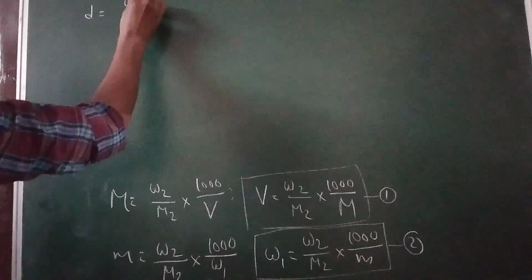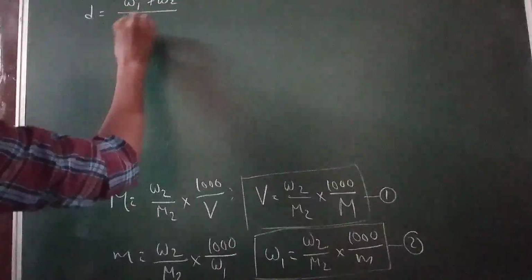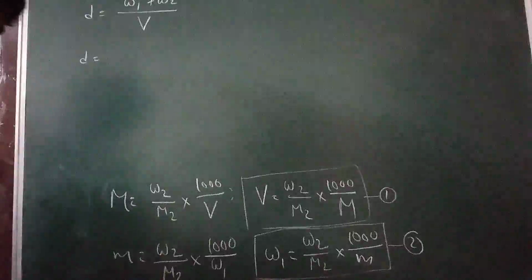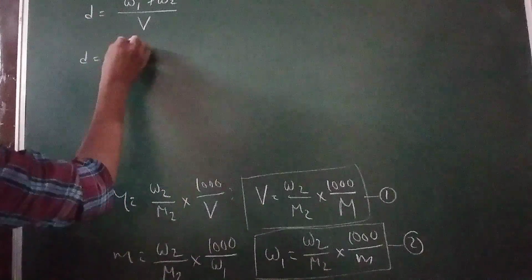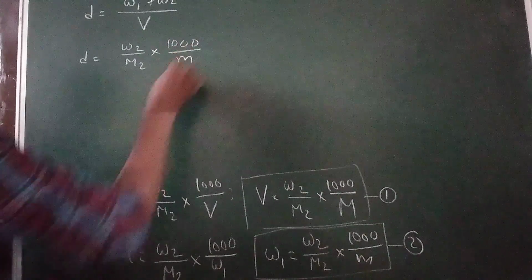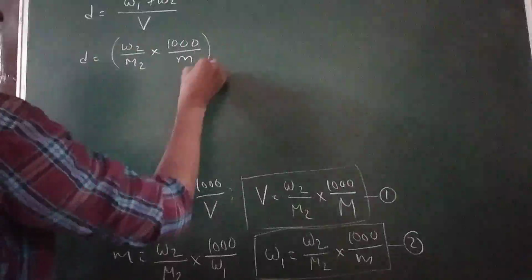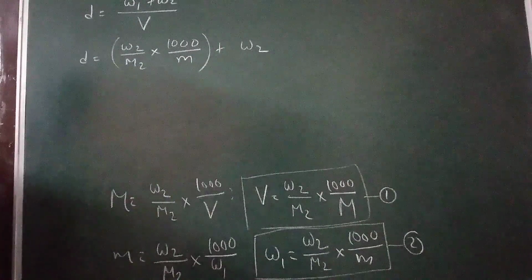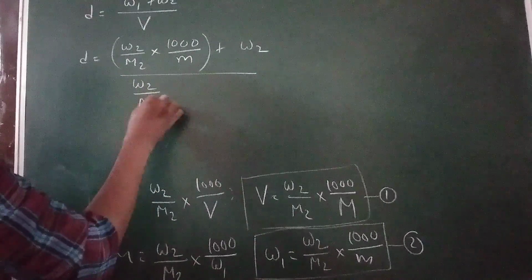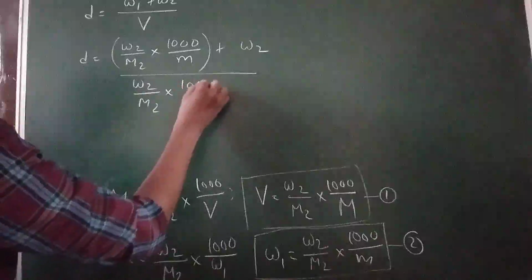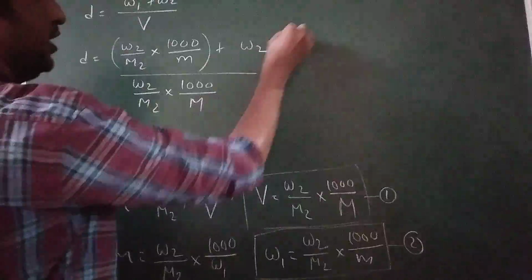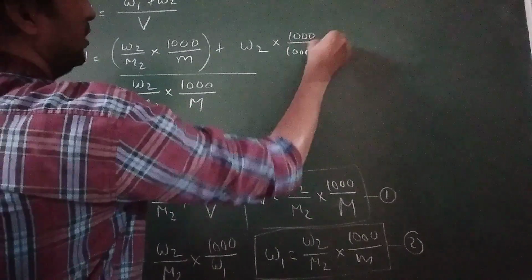Weight of solution means weight of solvent plus weight of solute, by volume of solution, V. Density of solution is equal to weight of solvent, we know that value, W2 by M2 into 1000 by molality, plus W2, that is weight of solute, by volume of solution, we have the value W2 by M2 into 1000 by molarity.